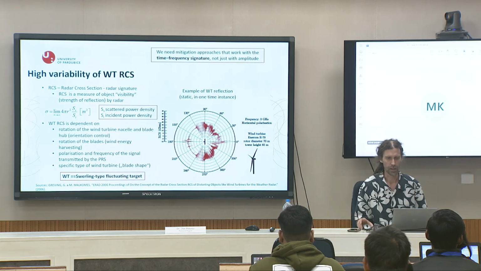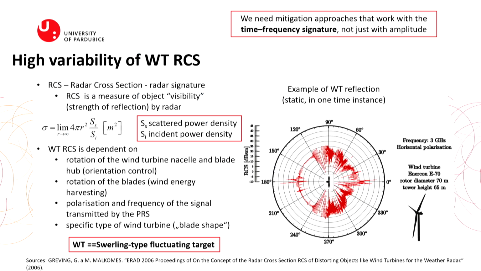Okay, so now I will talk a little about the high variability of wind turbine RCS. I already told you what RCS is. It is radar cross section, the radar signature, a measure of object visibility, the strength of reflection.